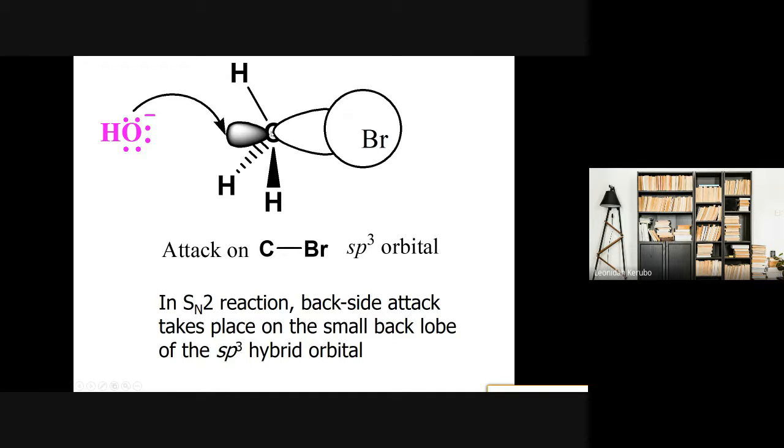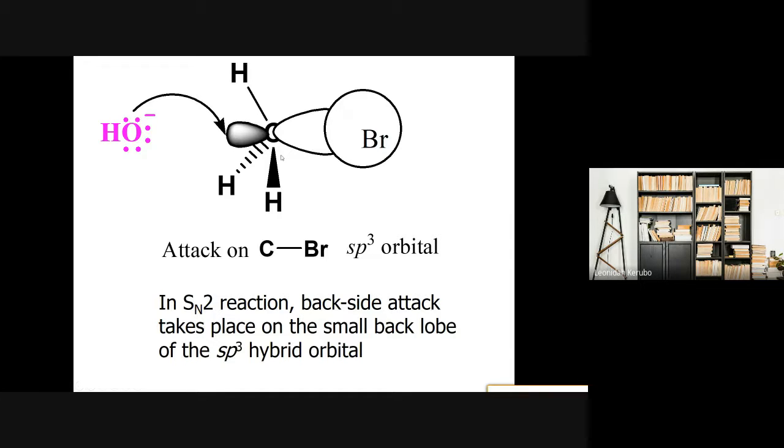Remember, this carbon is sp3 hybridized, so it is forming four covalent bonds. One of the sp3 hybridized orbitals is overlapping with the p orbital of the halogen, and the other three hybridized orbitals overlap with the s orbital of hydrogen. These bonds are directed to the corners of a tetrahedron.